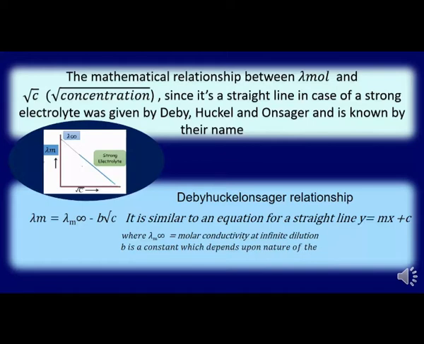So using this relationship, we can determine the lambda infinity, or molar conductivity at infinite dilution, or molar conductivity at zero concentration, of a strong electrolyte. B is the slope, and it is a constant which depends upon the nature of solvent and temperature.